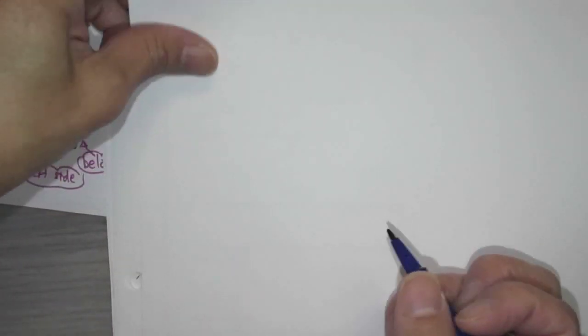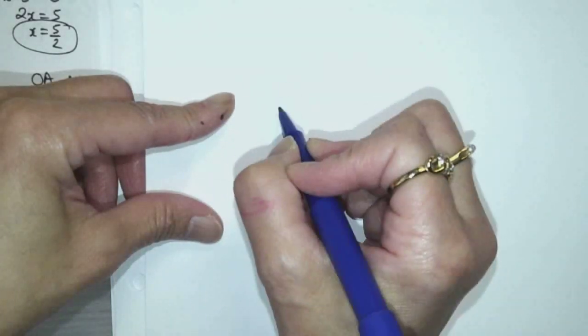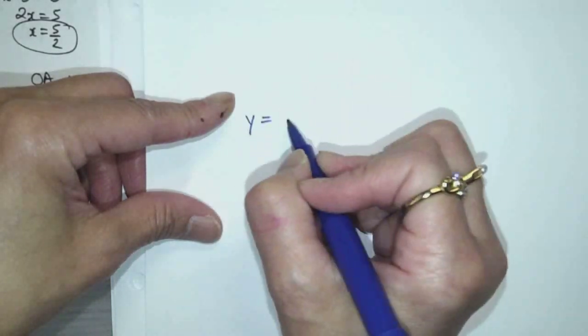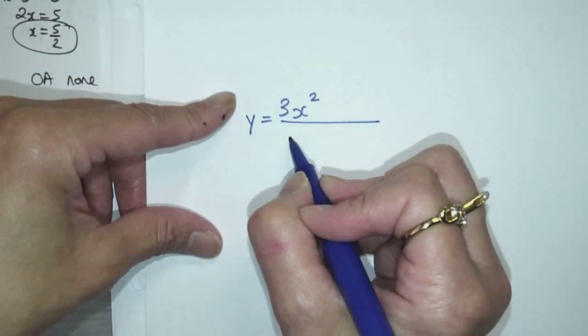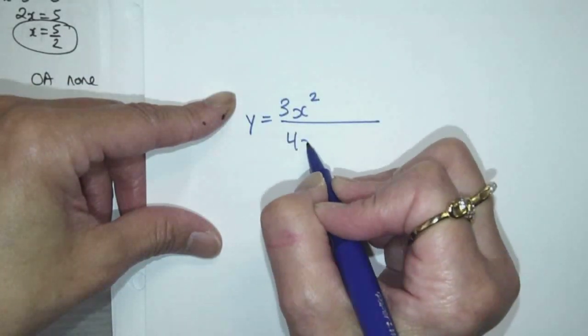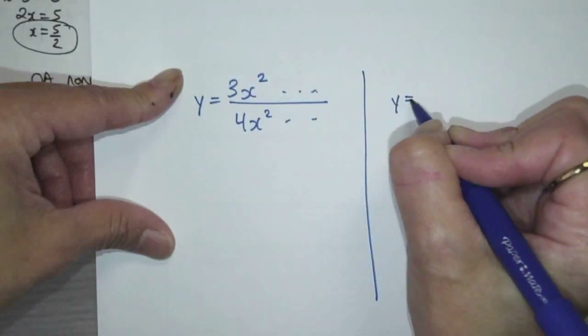Okay, so let's look at the types. I have the possibility where I have y equals, and we're going to do the possibilities. I'm going to use kind of the same coefficients, with other stuff there.